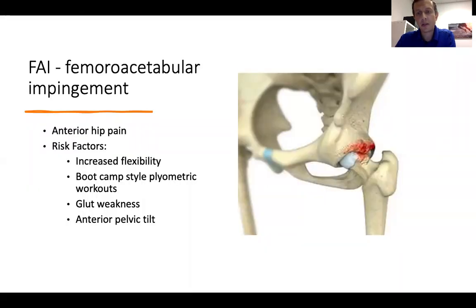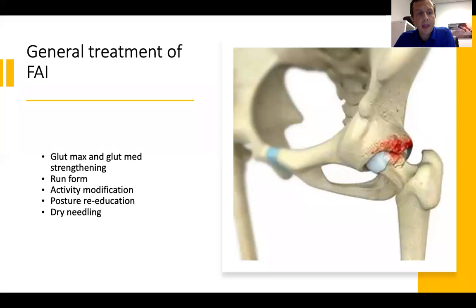Femoroacetabular impingement, or pain in the front of the hip. This is a really common injury that we see in women. Risk factors can be increased flexibility, a lot of plyometric style workouts with a lot of up downs, burpees, jumping, glute weakness, and then anterior pelvic tilt can increase the incidence of this.